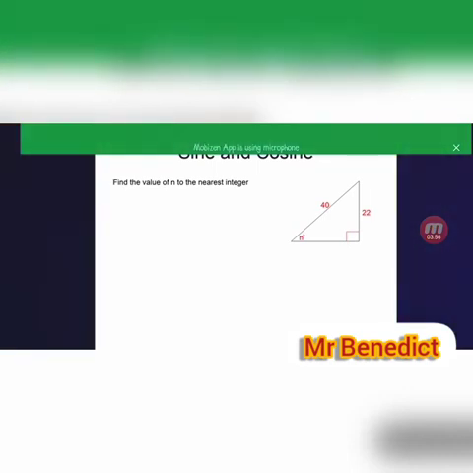There is nothing for adjacent. So that gives us sine n, which will be equal to opposite over hypotenuse. That's 22 over 40.